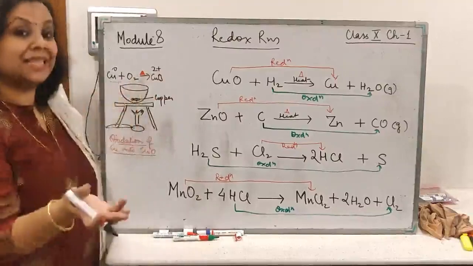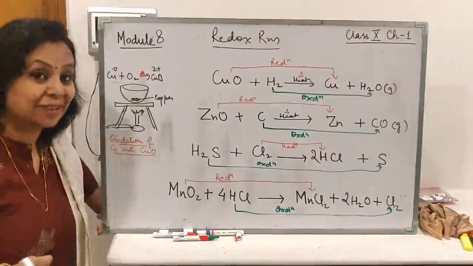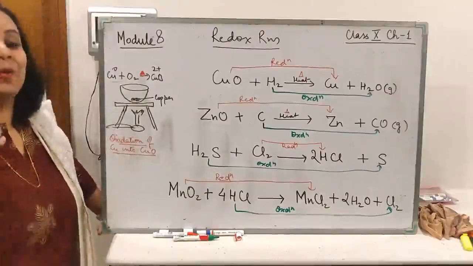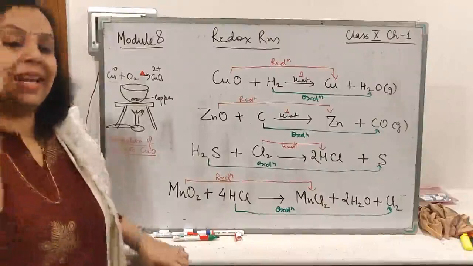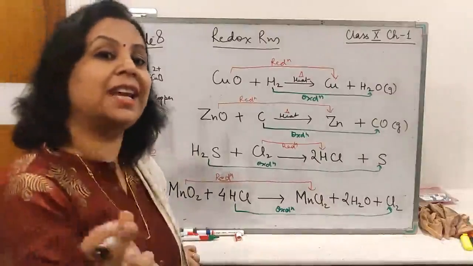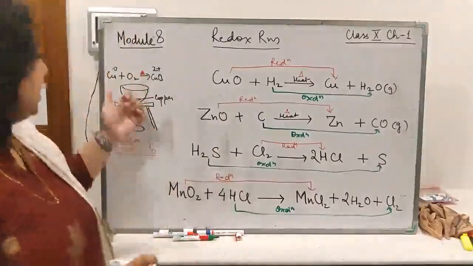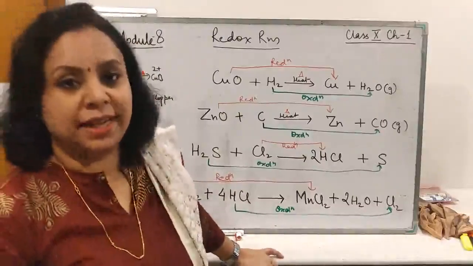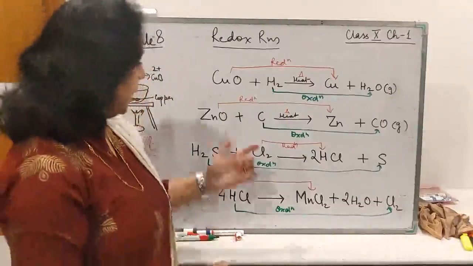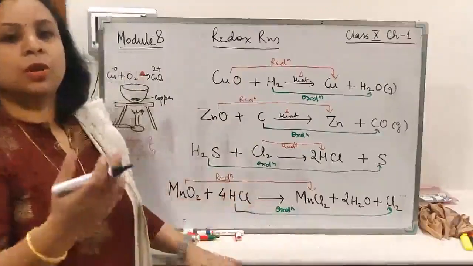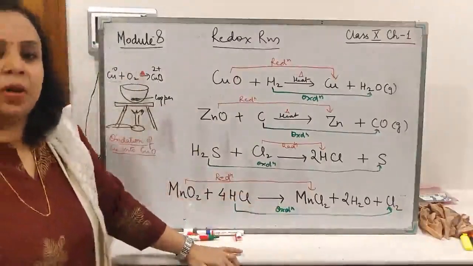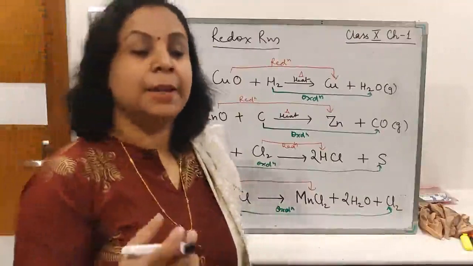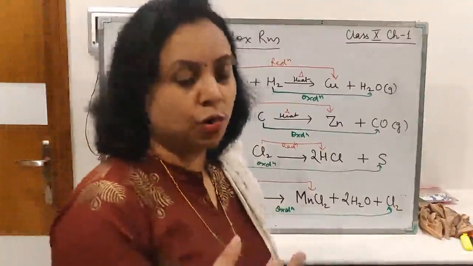That means it is losing electrons. So, what did we study? OIL, oxidation is loss. So, we can say copper is being oxidized. Similarly, in other reactions also, we can understand oxidation and reduction by the OIL and RIG mnemonics.